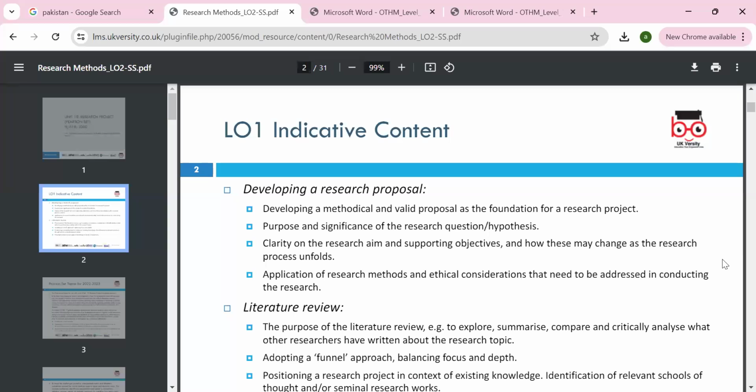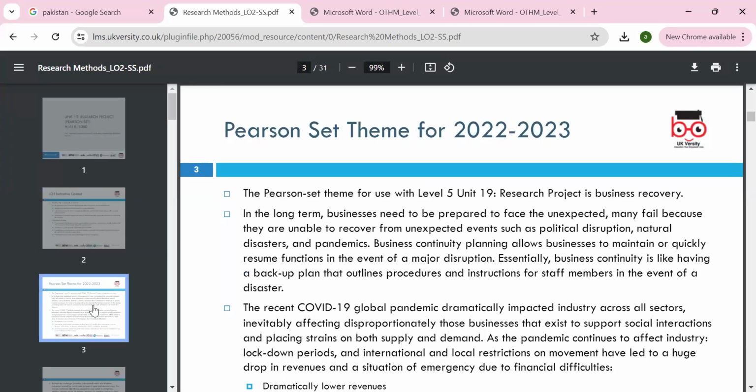The purpose of the research project, the literature review. The literature review is important because we need to conduct it, and in it we should try to use up-to-date resources.